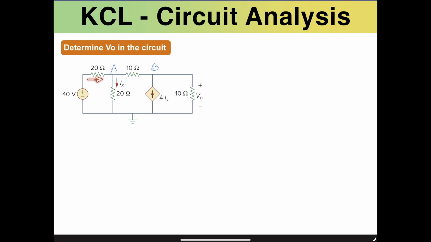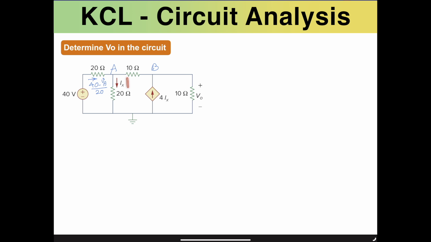So this current is going to be calculated with respect to the voltage drop across it, or essentially 40 volts minus VA. In that case, this current is going to flow from left to right. If I want to simplify that, 40 minus VA divided by 20 is the current that is flowing to the right side on this 20 ohm resistance.